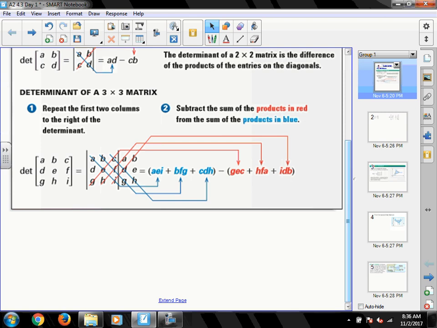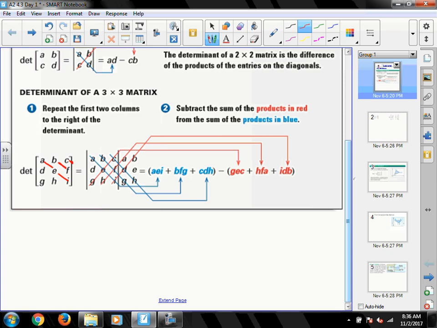So I've got A, B, C, D, E, F, G, H, I. I've now got 9 numbers in this matrix. I've got 9 entries. So if you look, I can go down and to the right diagonally 1 full round. But what I need to do is worry about this D, F and this C going down and to the right.